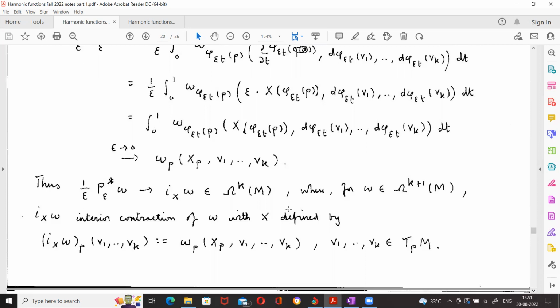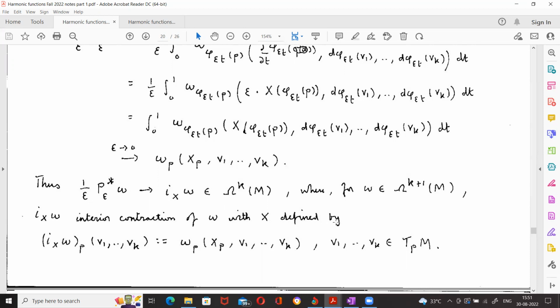Therefore, 1 over epsilon P epsilon star of omega converges to what's called I sub x of omega, which is now a k form. For omega a k plus 1 form, I_x omega is called the interior contraction of omega with the vector field x.